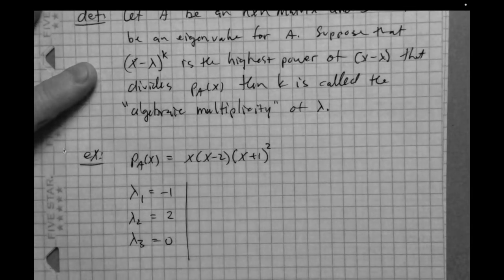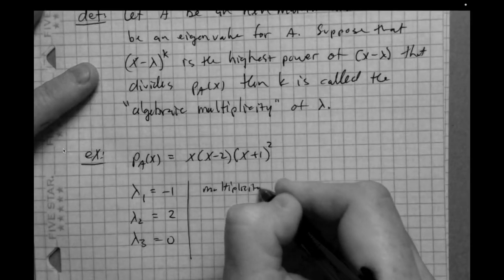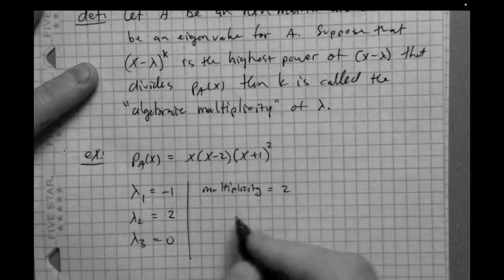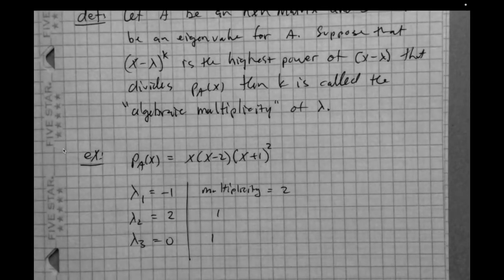What is the algebraic multiplicity of each of these? Right, in this case it's 2, in this case it's 1, and in this case it's 1. You can just read those off of the characteristic polynomial, especially if you've got it factored down like this.